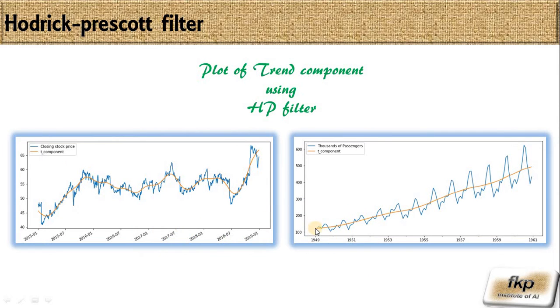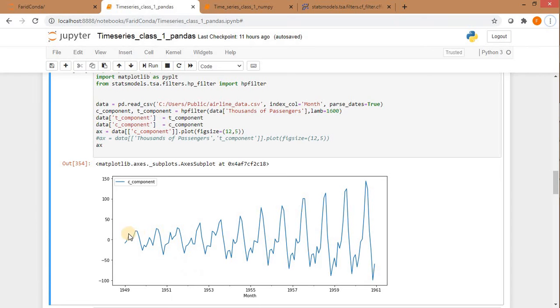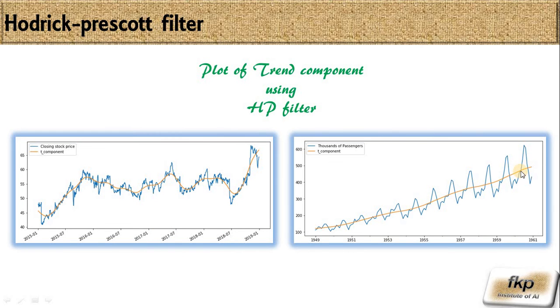So what it does, it has taken this trend line as a 0 base, and from there the seasonalities and the cyclic components you see were drawn on the basis of the trend component. So it is going in the middle, so that's why it has broken here.